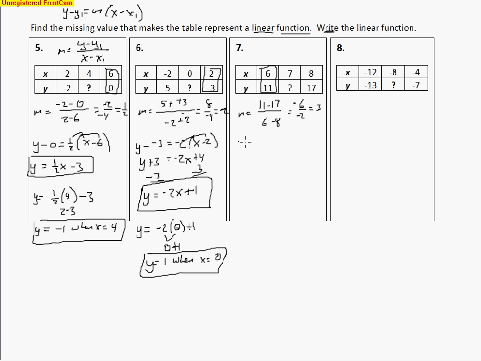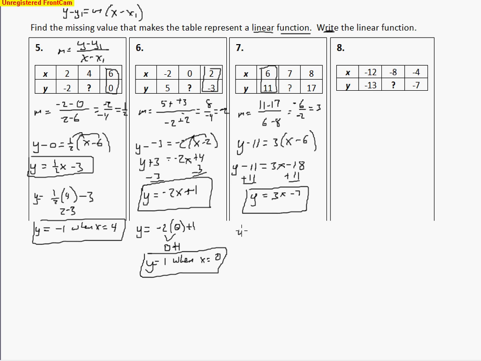So y minus 11 equals 3 times x minus 6. So I'll distribute, and I've got that y minus 11 still equals 3x minus 18. So when I go ahead and add the 11, the negative 18 plus 11 makes negative 7. And then I'll bring down the 3x, and this all equals y.